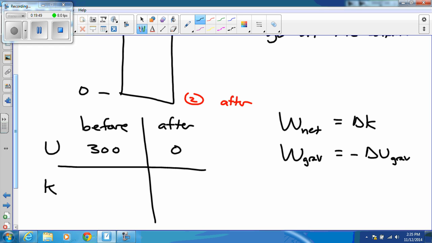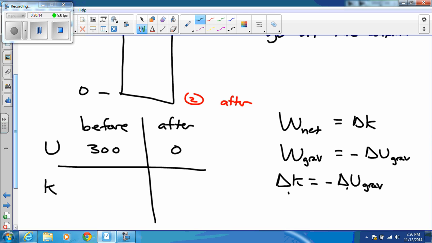Now, on this ball, the only force acting is the force of gravity, so the net work is the work done by gravity. So if I set the net work equal to the work done by gravity, I see that whatever potential energy is lost will be gained as kinetic energy.